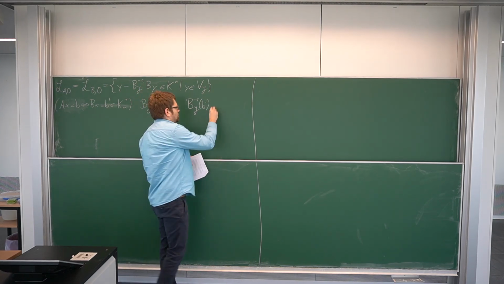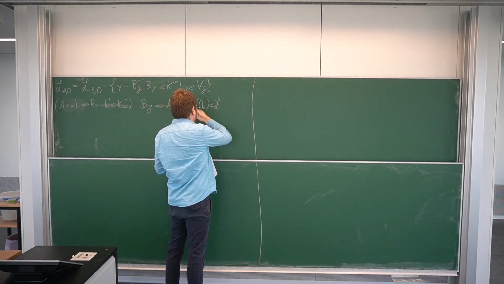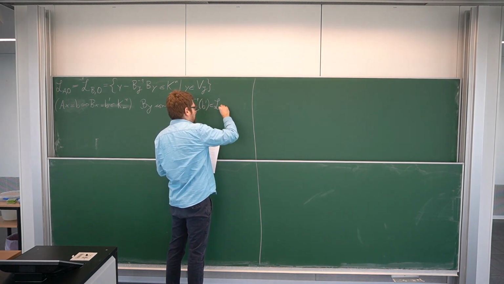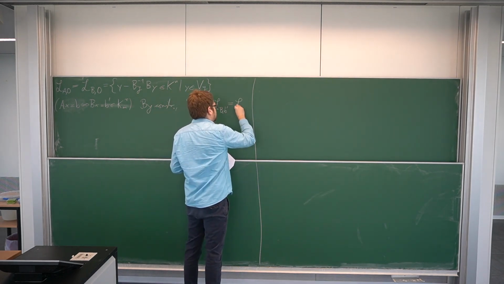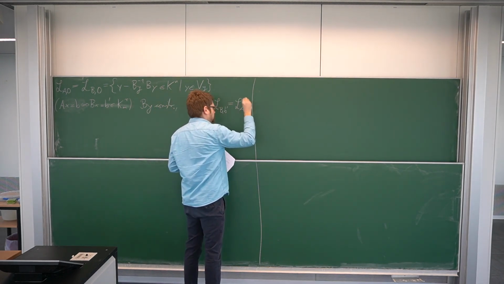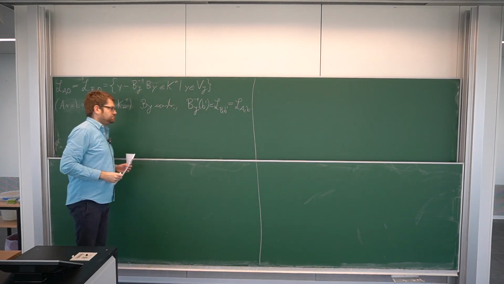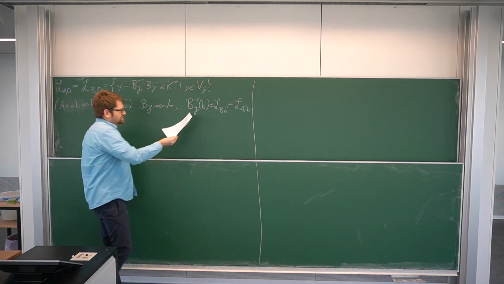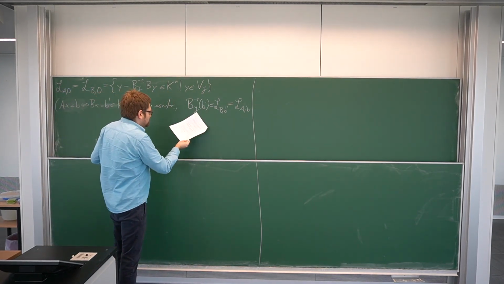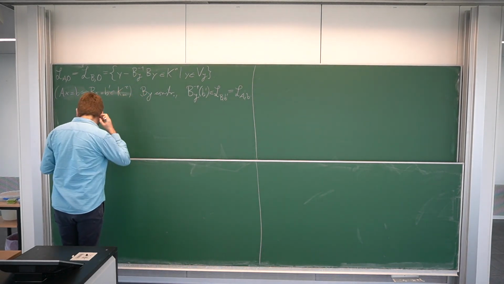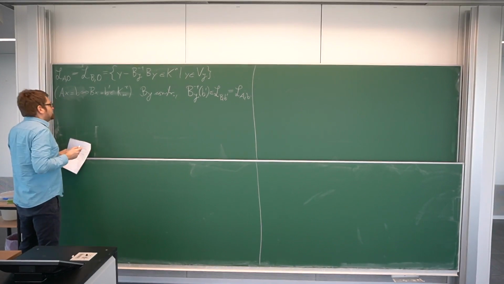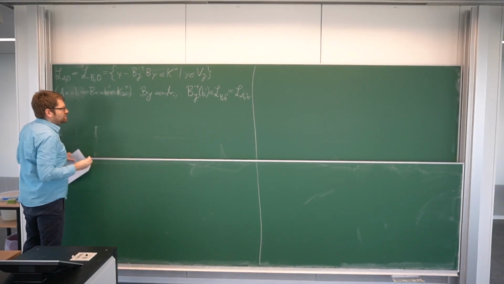So by definition of this map, this is contained in the solution set LB B prime, but by construction this is the same as LAB. So this is how we get a particular solution. This is a uniquely defined map, an isomorphism. So we have a homogeneous solution and one particular solution.